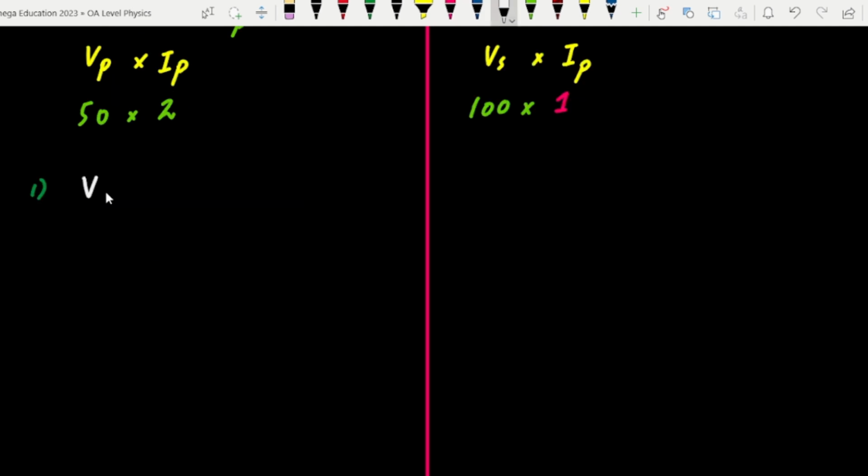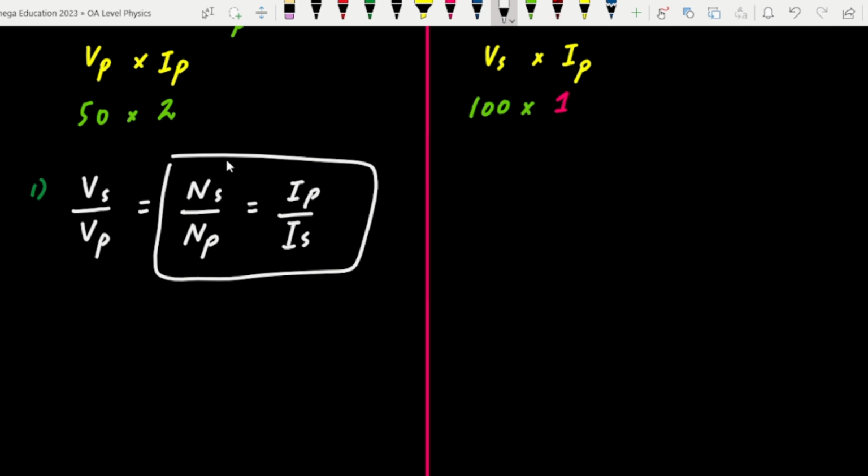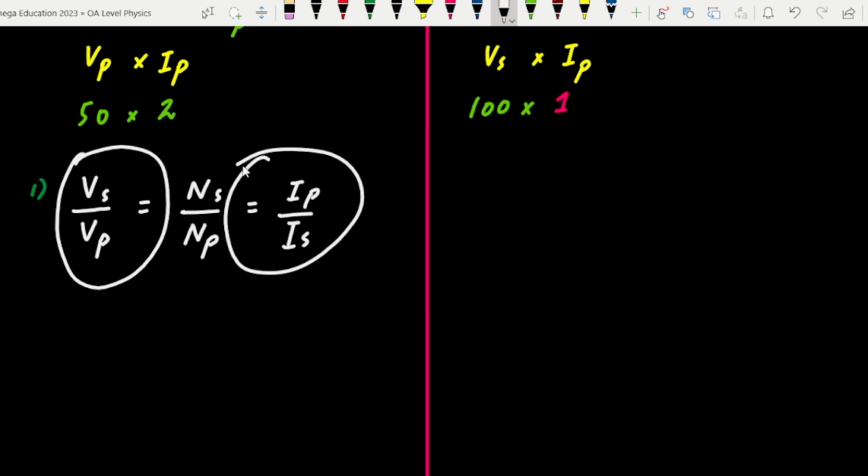One of them is Vs over Vp equals Ns over Np equals Ip over Is. Now you can break down this formula into different parts. For example, you can put these two things equal to each other, or you can put these two equal to each other depending on the data that you have, or you can put the first one equal to the last one.